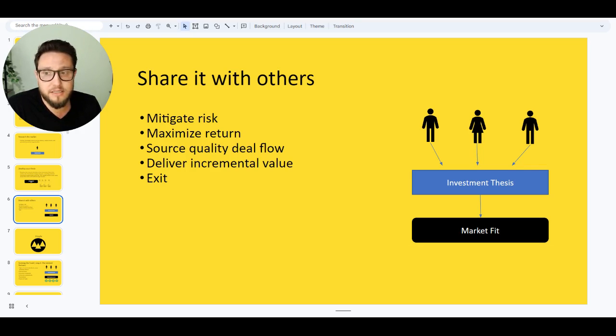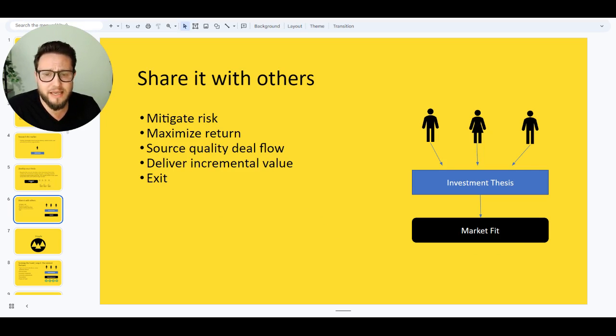Almost everything we've done intentionally helps mitigate risk and helps prolong the longevity of us doing this, right? Prolonging longevity gets you into the position of maximizing return. So mitigate risk, maximize return. That's what your investment thesis should really be focused around, ring-fencing around.